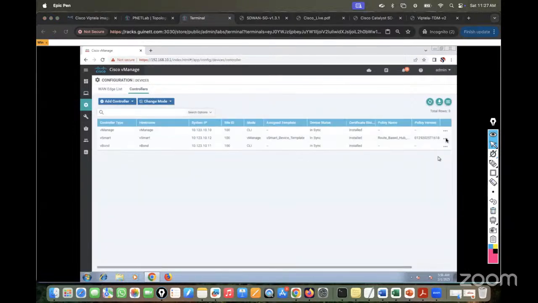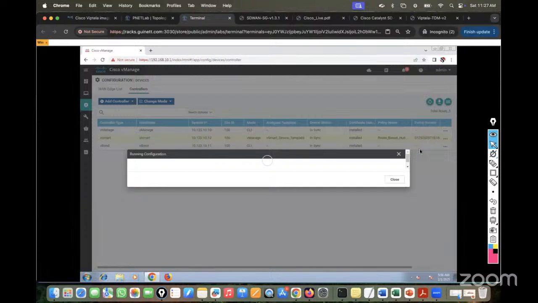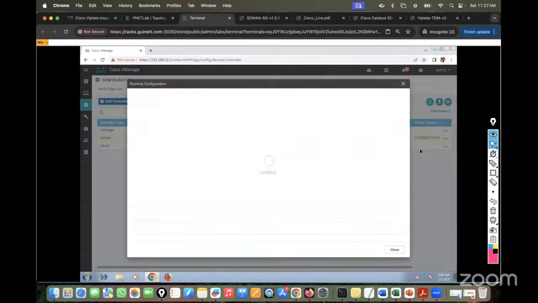This is my vSmart. I want to see the configuration, so I click on it and running configuration. You're going to see some configuration for the device. I'll show from the CLI as well. So you guys are going to get how this controller is configured, and then we'll see how the routing is going to happen from the vSmart for any branch location.